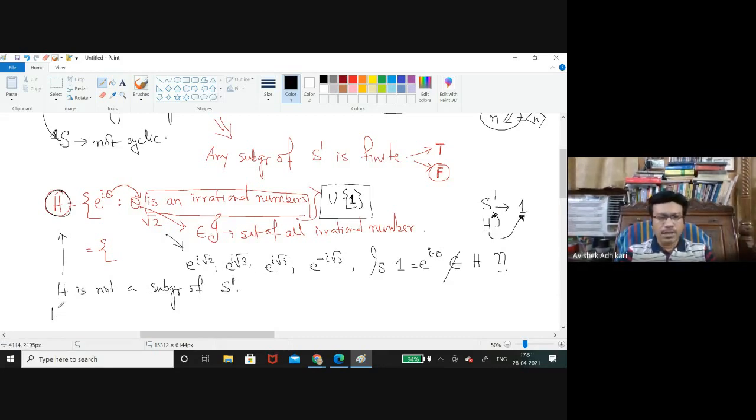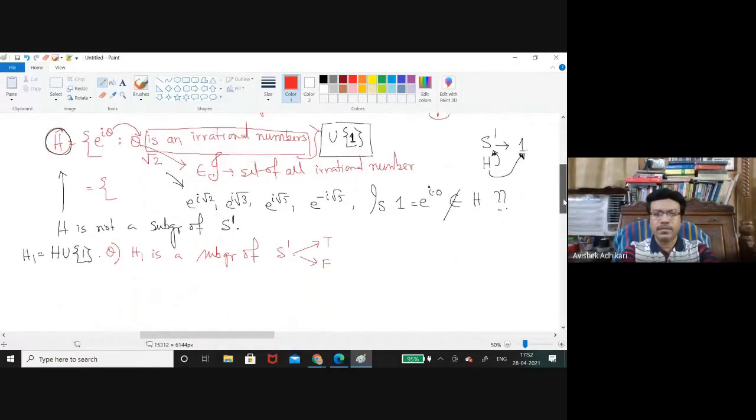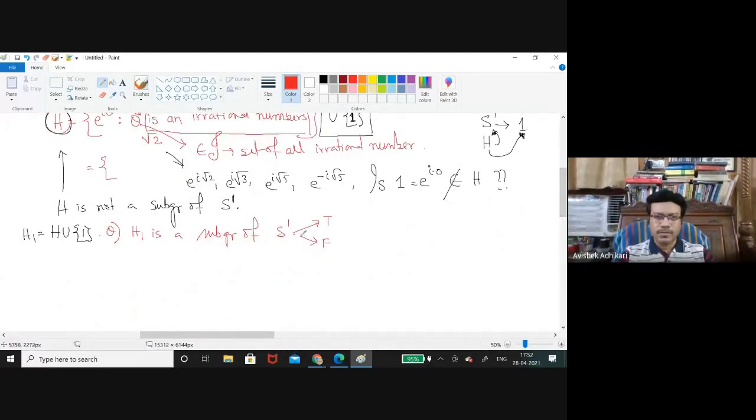But now he has introduced H1 equal to H union 1. Now my question is, he believes that H1 is a subgroup of S1. True or false? What do you think? What is your answer? Anybody?